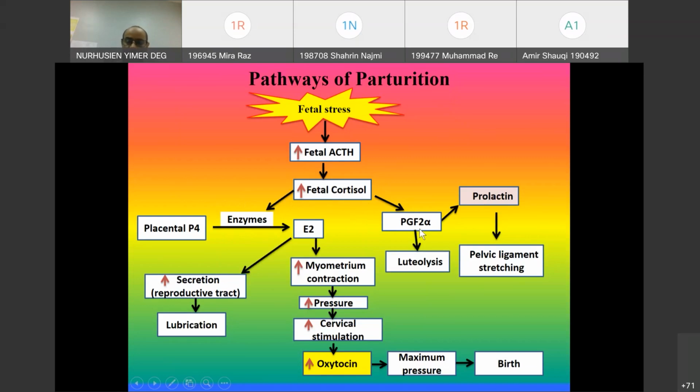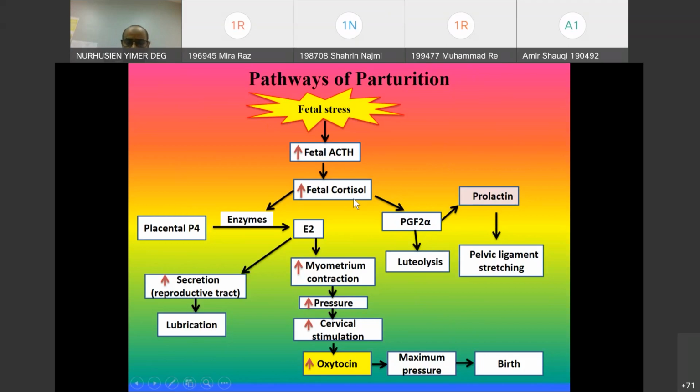On the other side, because the progesterone is coming from the corpus luteum, we should have some mechanism by which this corpus luteum is going to be lysed or regressed. Obviously we know that it is prostaglandin that plays the role of causing regression of the corpus luteum, right? So this will be induced. There will be a complex process that takes place during luteolysis.